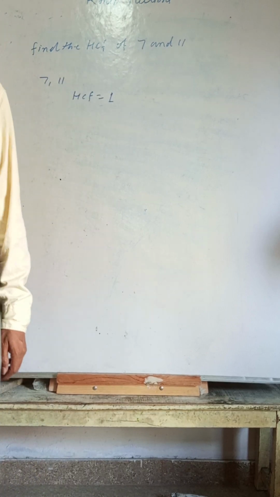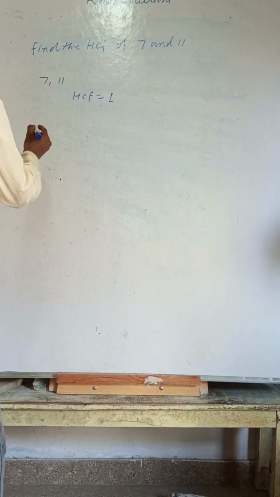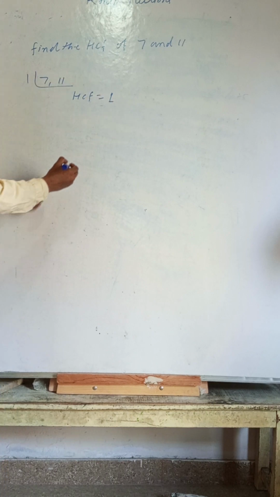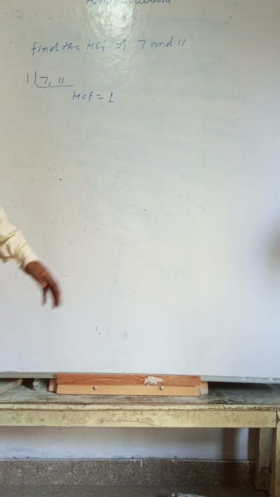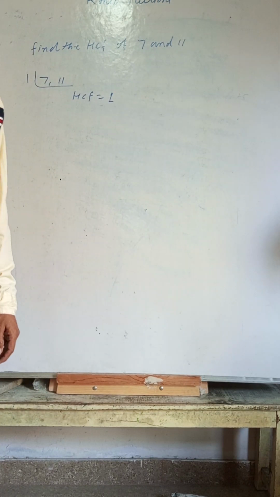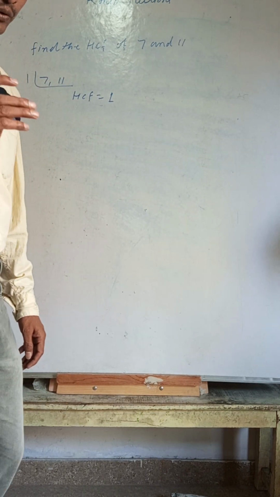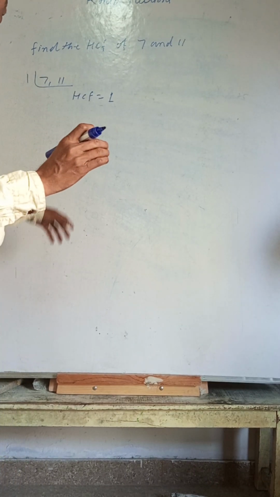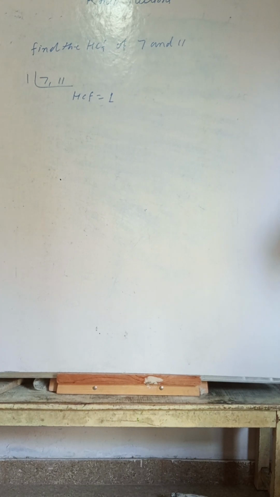You write 7 and 11 like this, and write the HCF of the given numbers is 1. Downside you can write for clarification: the HCF of prime numbers, co-prime numbers or twin prime numbers is always 1. So the HCF of these numbers is 1.